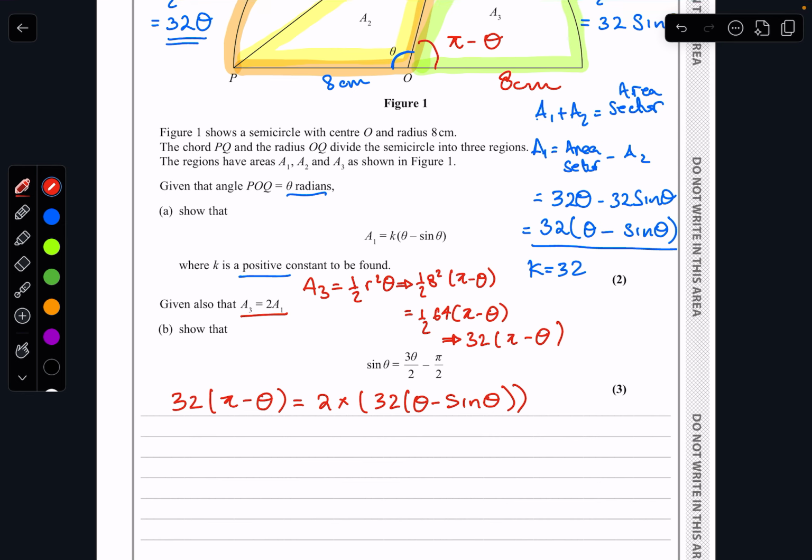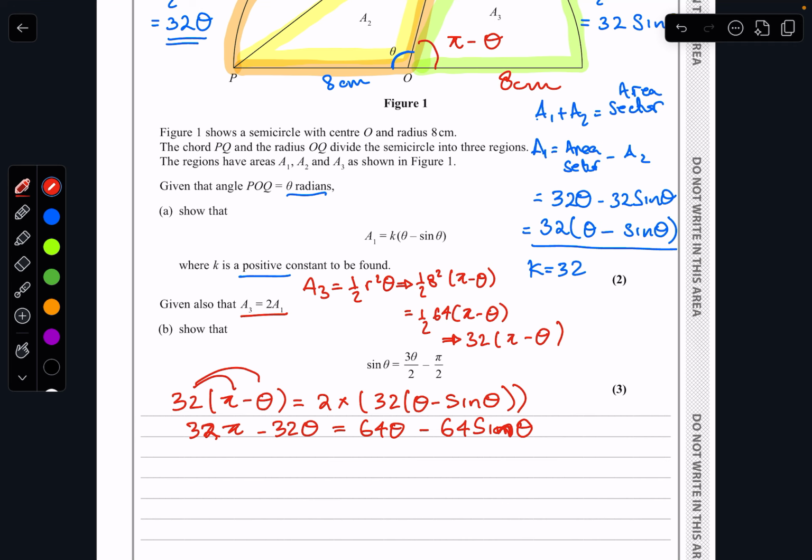So if I equate it here, that becomes 32 pi minus 32 theta, which is equivalent to 2 times 32, 64, times theta, so 64 theta, and 2 times 32 times minus sine theta, that would be minus 64 sine theta. Once I've expanded my equation, now I need to simplify and make sine theta the subject.